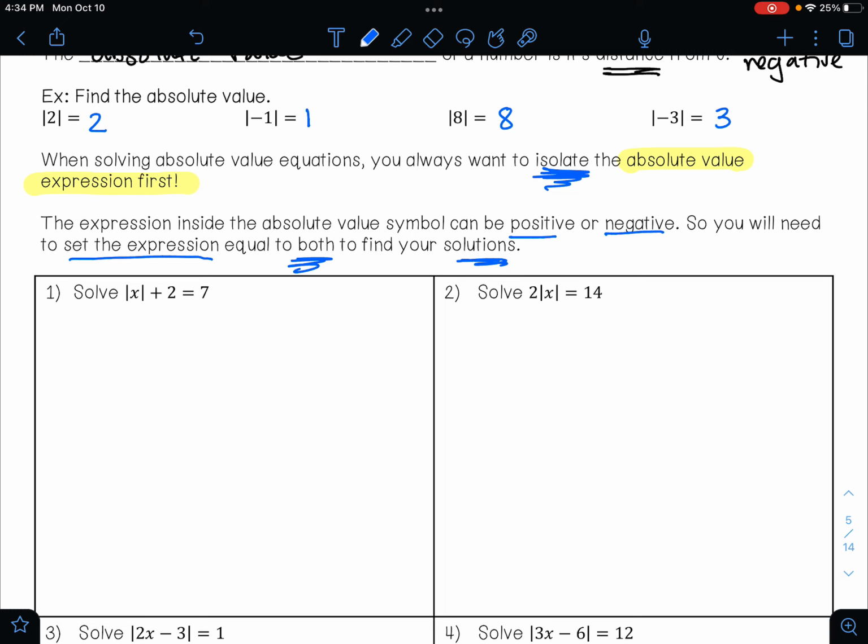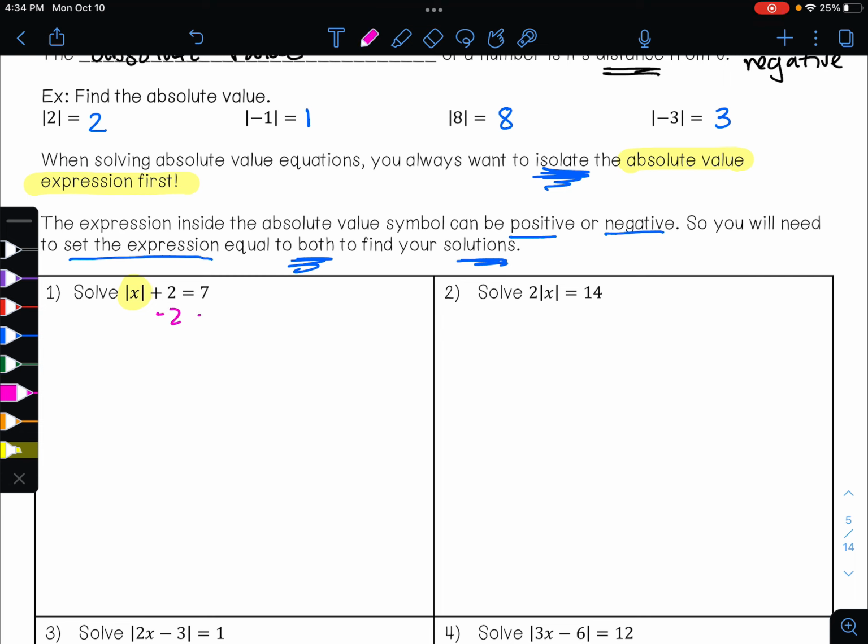On number 1, it says solve the absolute value of x plus 2 is equal to 7. Just like how it says here, we want to isolate that absolute value expression first. So that means that I want to get the absolute value of x alone. Right now I'm adding 2 to the absolute value of x. How do I undo addition?